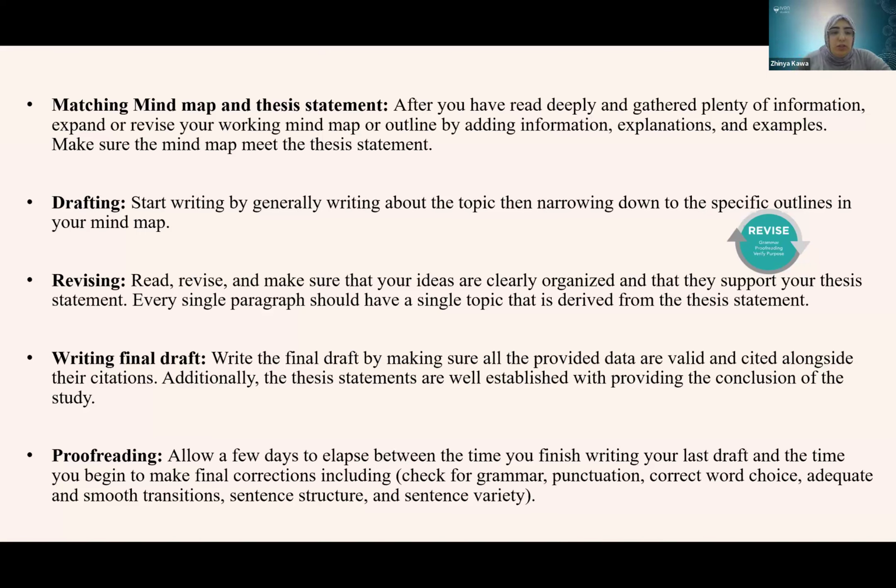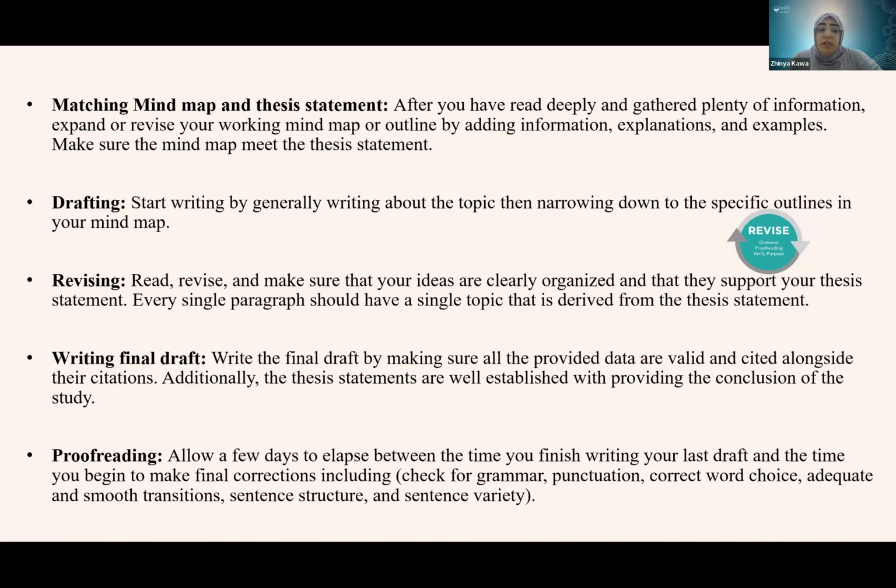After doing your first draft, definitely, guys, you will probably face some lack of information or find it not very detailed. It's okay, because you have the revision part, and then we have the final draft writing.